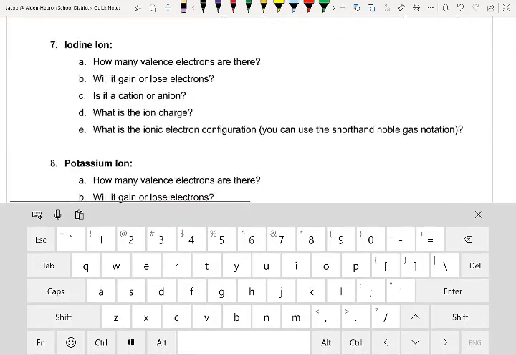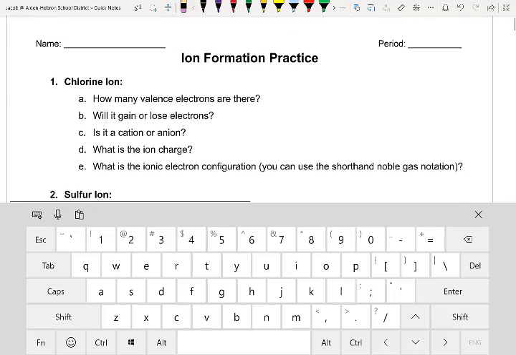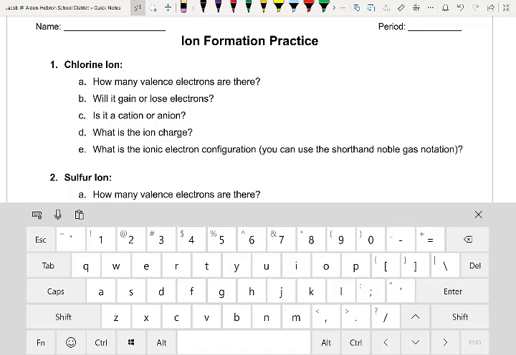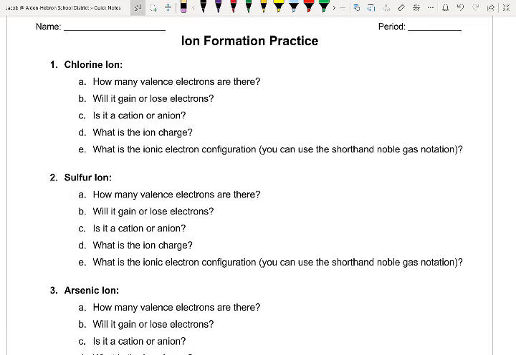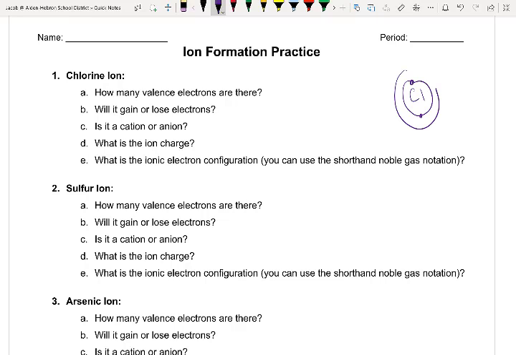The other way that you can do this is if you were to draw your Bohr model. Chlorine has 17 regular electrons. So if we start with our chlorine in the center, we draw the Bohr model. We have the first 2 here. The next circle is going to have your 8.